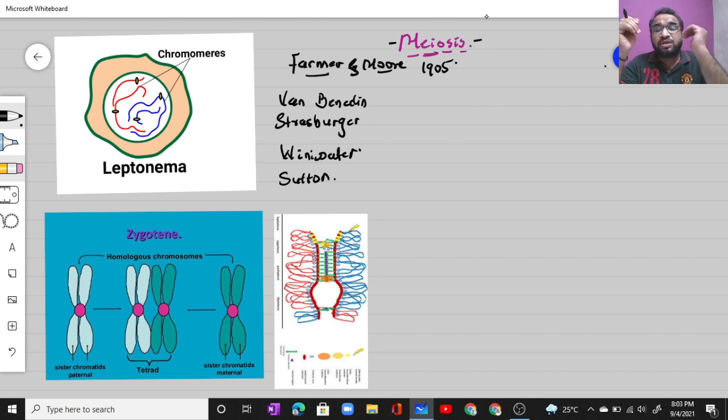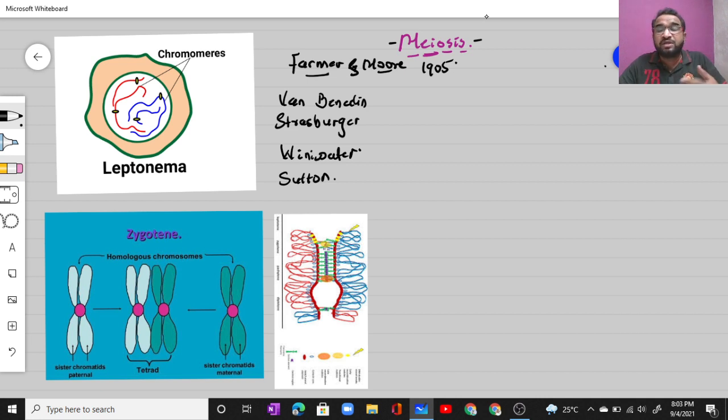So the combination of genes takes place, the DNA exchange takes place, and that's why recombinants are formed. That's why when the offspring are born, they are not identical copies of their parents. These offspring are a combination of characteristics from their parents.